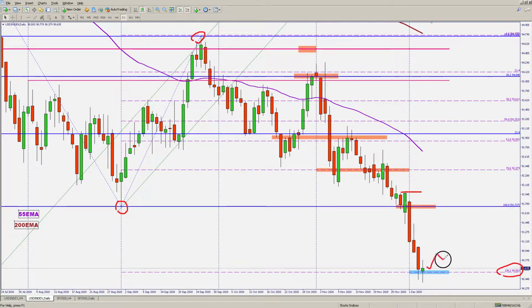That could signal some consolidation and recovery for the US dollar index, and we'll see if it's able to recover all the way back up to this previous swing low area, and it's likely going to consolidate for the week as well.